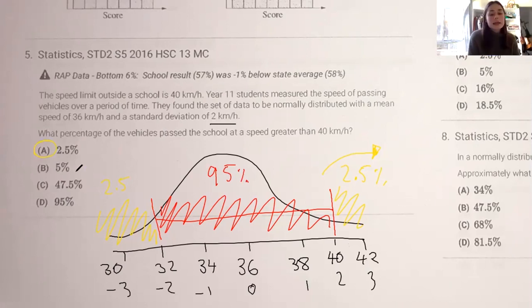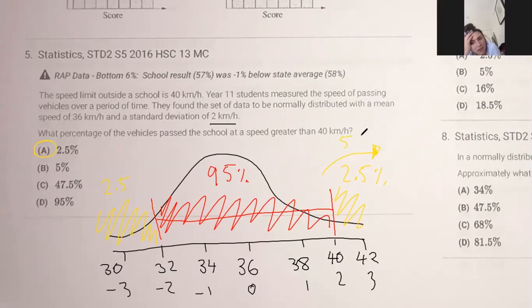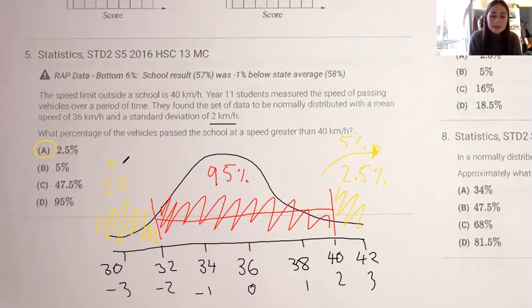If you have a look at the answers, there are 3 trick ones. People could say there's 95 between -2 and 2 and 40 is at 2, so they pick 95. Or they could see that there's 95 and then think there's 5% on the outside on each side.